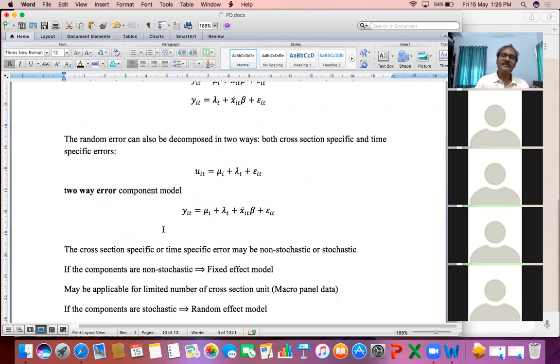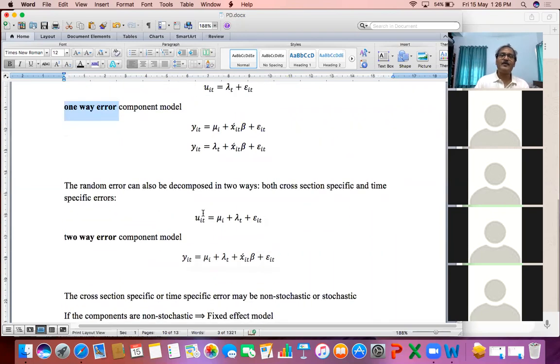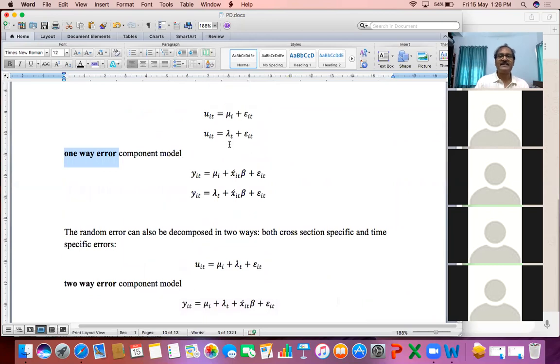Now, what would be the nature of the components mu_i, lambda_t, etc.? Earlier mu_i was a part of u_it. Now we are decomposing it, separating it out from the error term. Now this mu_i may be random, or may not be random.